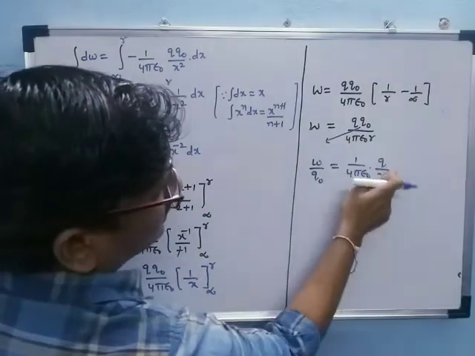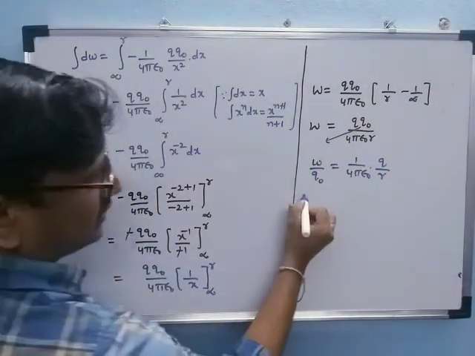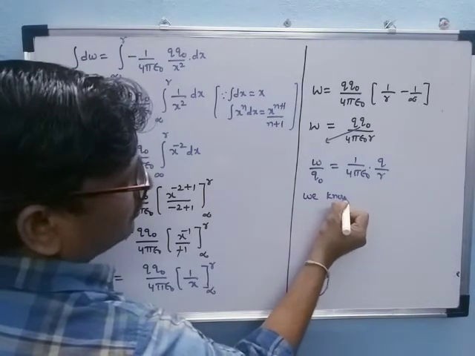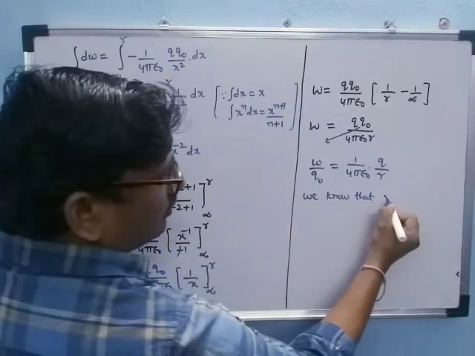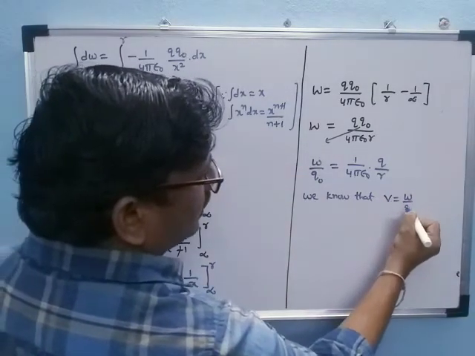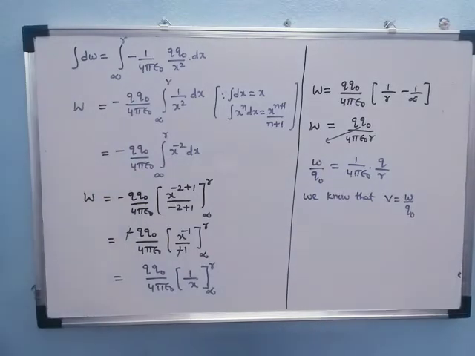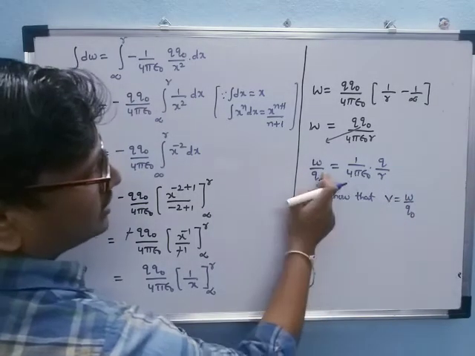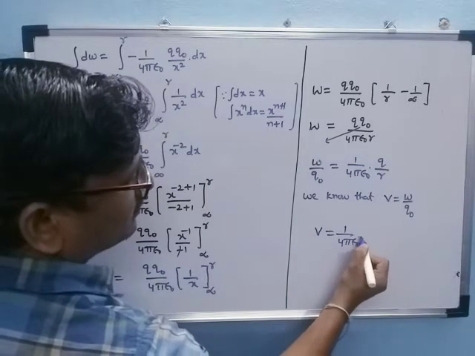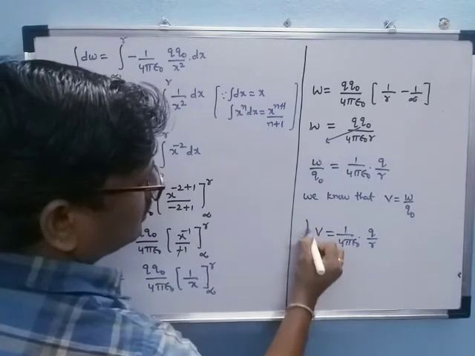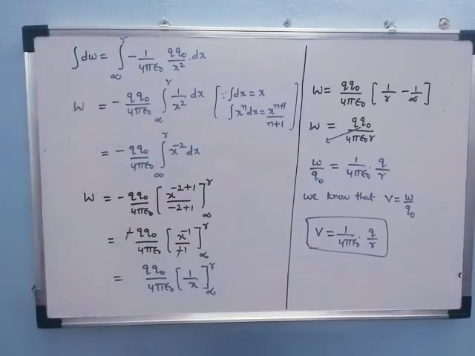We know that electric potential V is the amount of work done per unit charge, W by q naught. So V is equal to 1 by 4 pi epsilon naught into q by r. This is the formula for the electric potential due to a point charge.